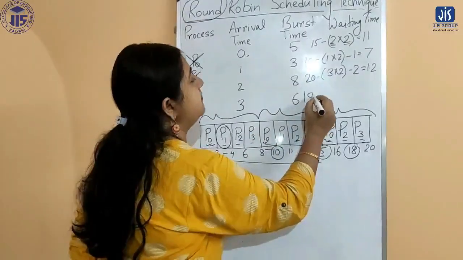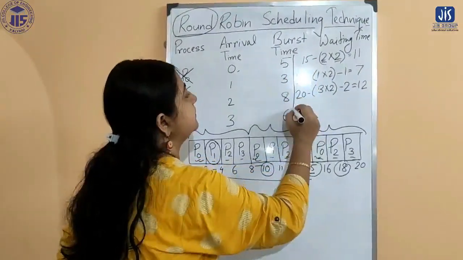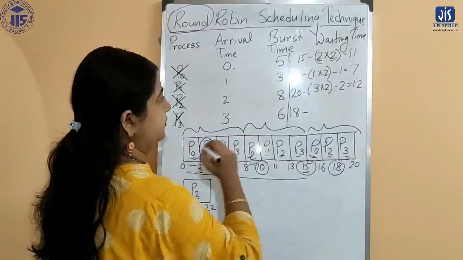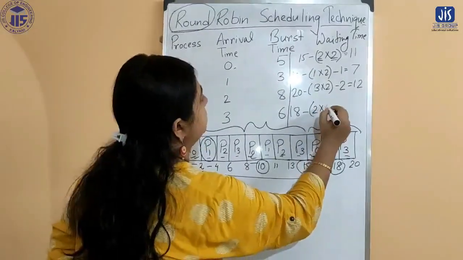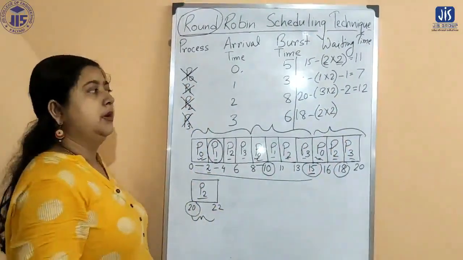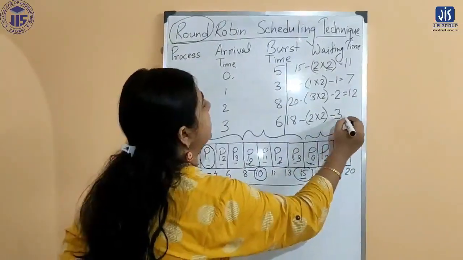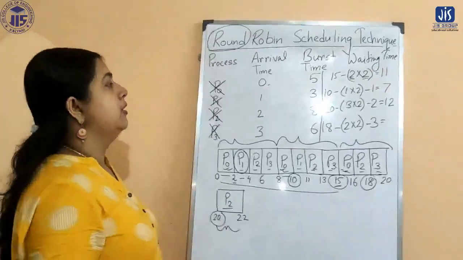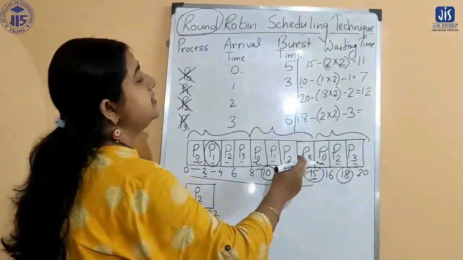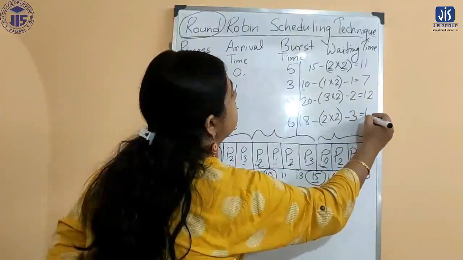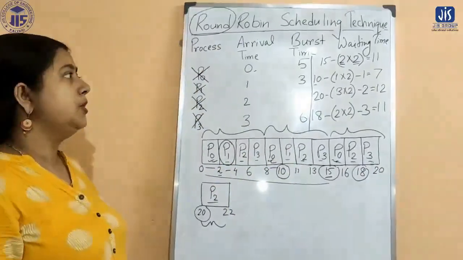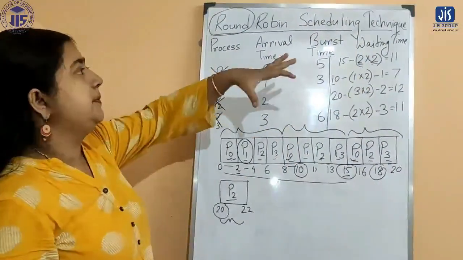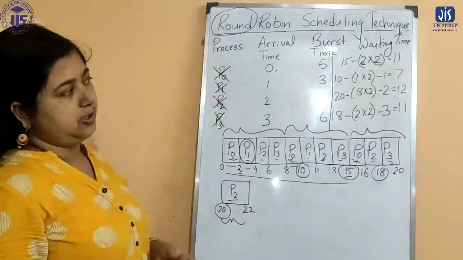So 18 minus, before that it executed 1, 2, so it should be 2 into 2 minus its arrival time. 2 into 2 is basically 4, 4 and 3, 7. So 18 minus 7, it will be 11. So these are the waiting times, or response times you can say, for the processes.